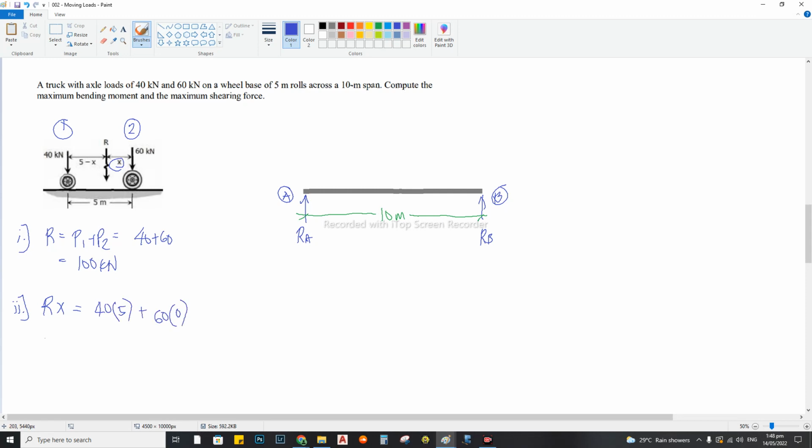So 100x equals 200 kilonewton meters, and x is 2 meters. The position of the resultant with respect to the second axle is 2 meters, and with respect to the first axle is 3 meters.